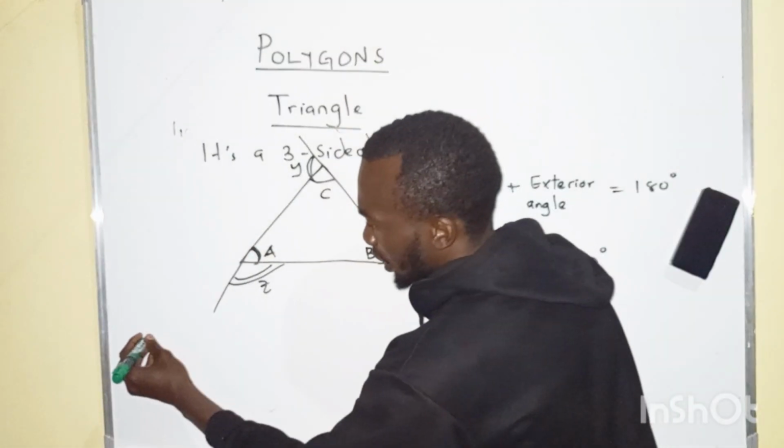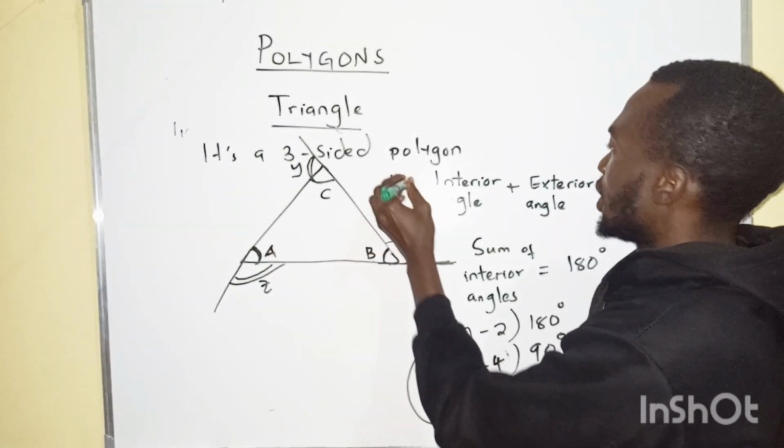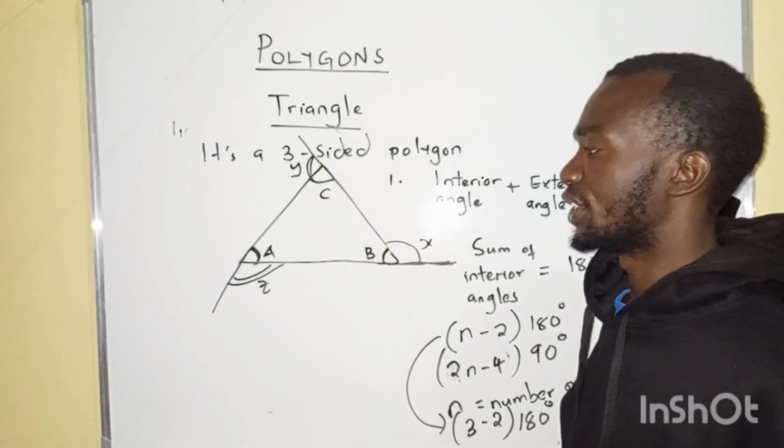So just write: the first one is interior angles plus exterior angles should give a total of 180 degrees.